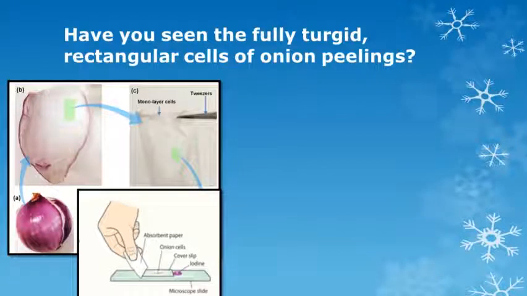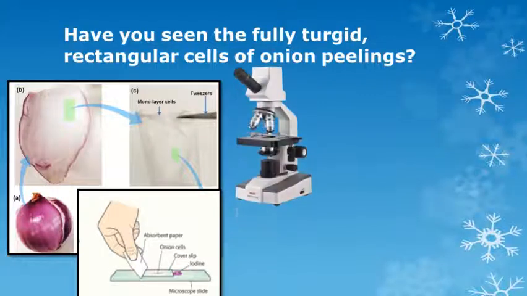We have to peel the outer layer of the onion and take the inside transparent layer of that peel. We have to prepare a slide of those onion cells and observe this slide under the microscope. So what will you observe?